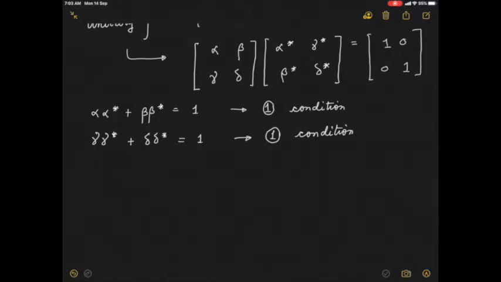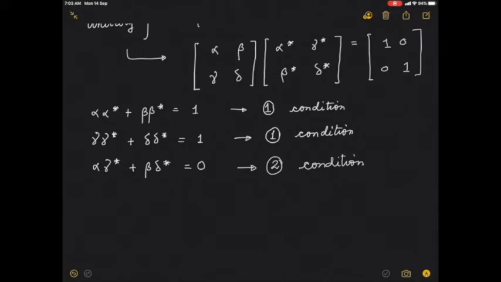If I look at the off diagonal elements, I will get alpha gamma star plus beta delta star equals 0. The off diagonal elements are 0 because the right hand side is a unity matrix. Now this alpha gamma star is not real, so this is actually a complex equation that gives me two conditions.